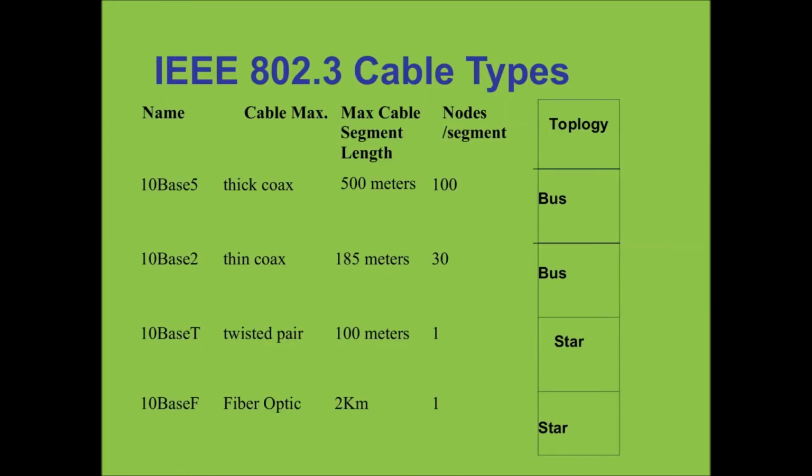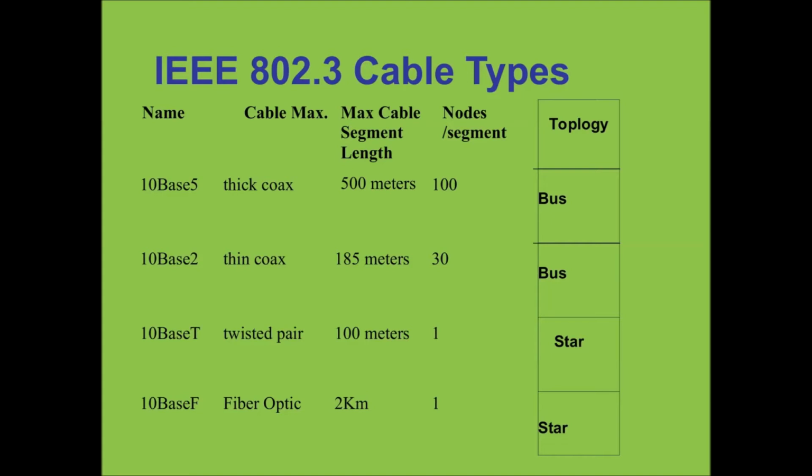IEEE 802.3 cable types. There are different cables we have discussed recently in our previous slide: 10 base 5, 10 base 2, 10 base T, and 10 base F. This is basically a name. Next is cable: thick coaxial cable, thin coaxial cable, twisted pair cable, and fiber optic cable. Maximum cable segment length: 500 meters, 185 meters, 100 meters, and 2 kilometers.